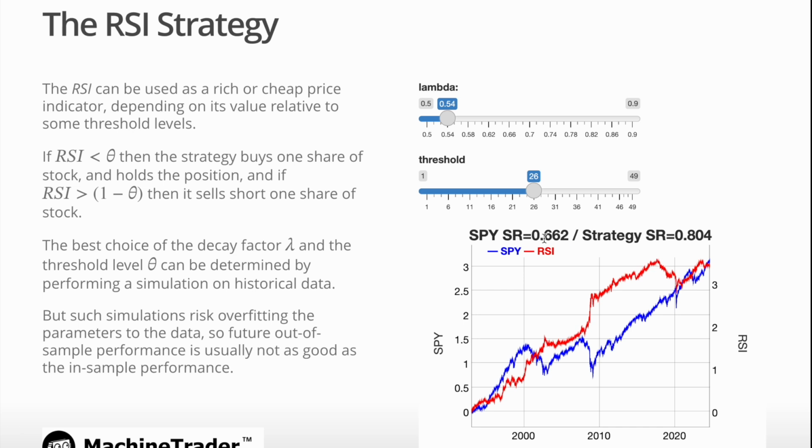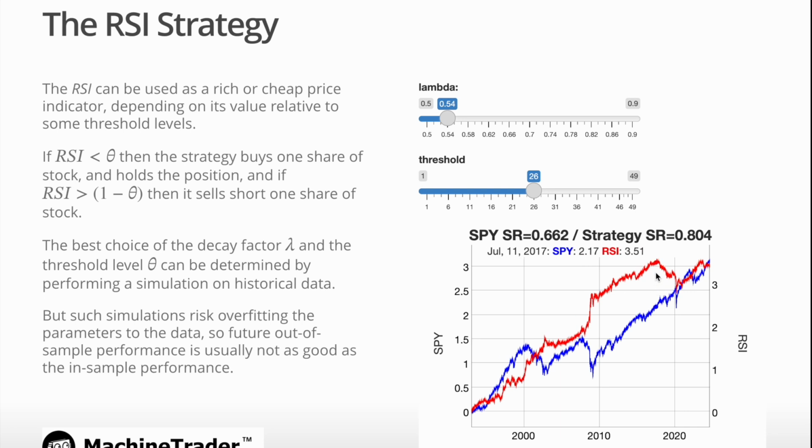SPY has an annualized Sharpe ratio of 0.6, which is kind of typical over a very long time period, whereas the strategy has a Sharpe ratio of 0.8, so much higher. The reason for that is I adjusted both the lambda and the threshold to optimize the performance.